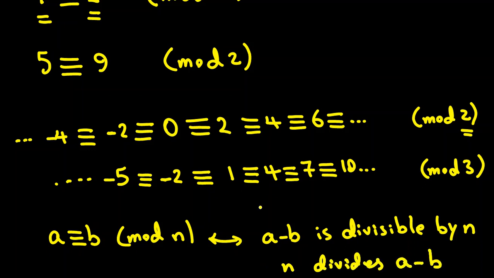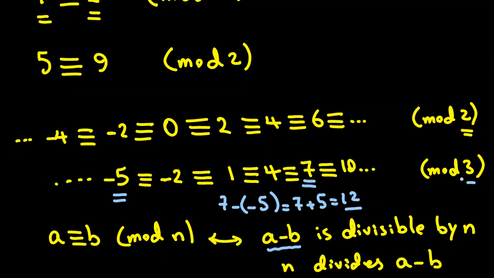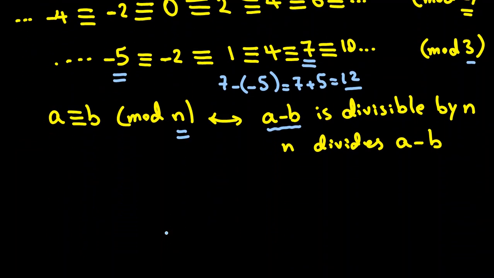So let's check. Here, for example, you have negative 5 and 7. Their difference should be a multiple of 3. Let's check. 7 minus negative 5 is 7 plus 5 equal to 12. 12 is a multiple of 3. So the left side minus right side, or right side minus left side, their difference is always a multiple of n. So these things were the definition of congruence.